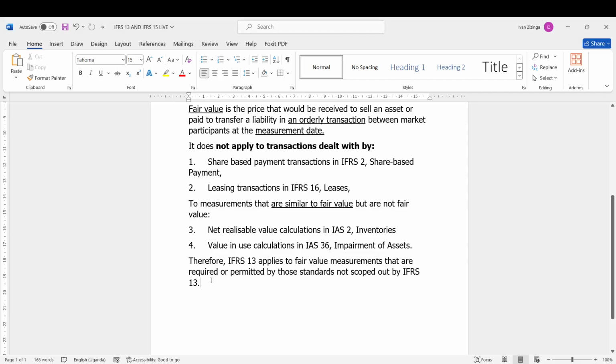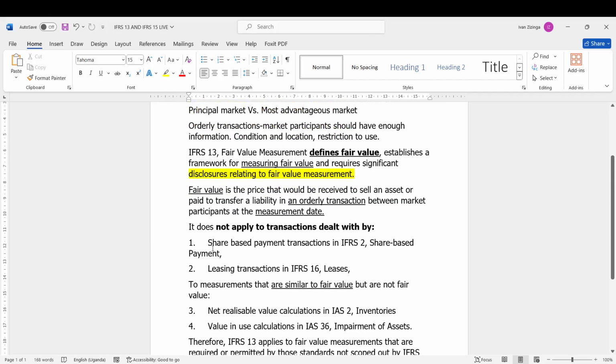There you can apply your IFRS 13 very well. So it is important for us to know the definition of fair value and also to keep aside those standards where you cannot apply IFRS 13.